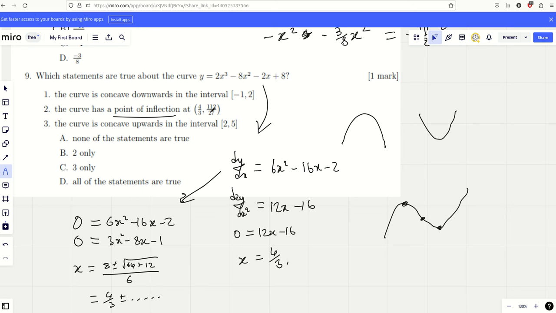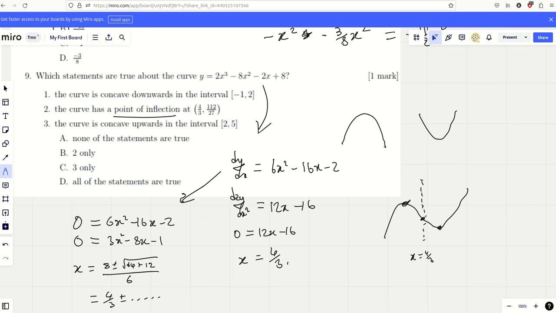Now, on the face of it this seems probably true, yeah? But look at the statements, and 2 can't be true, whilst 3 is true. But 3 must be true, yeah? Because this is at x equals 4/3. And so when x is 2, well, clearly this is the concave upwards bit. And this is the thing, at that point of inflection, on the right-hand side you've got concave upwards, on the left-hand side you've got concave downwards.